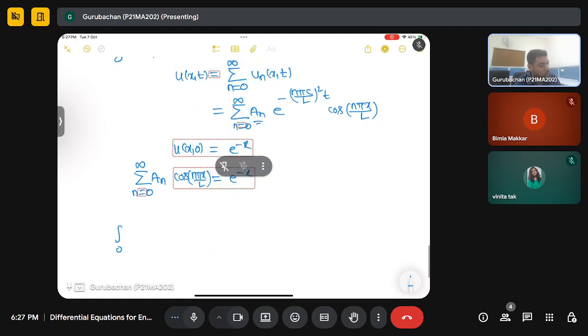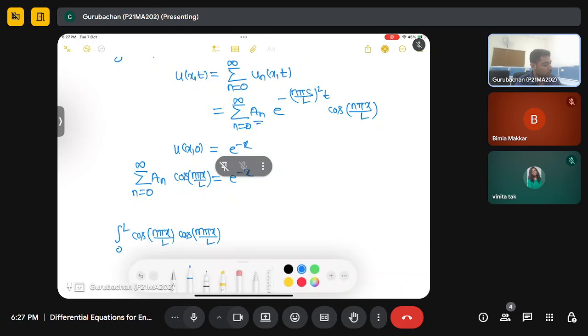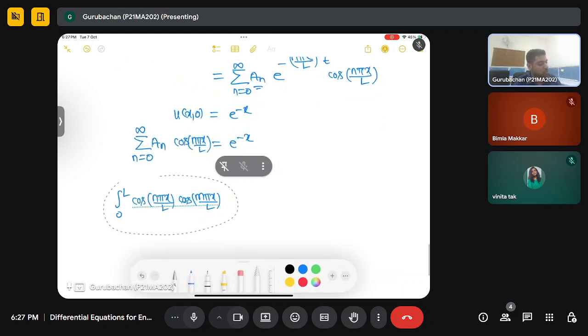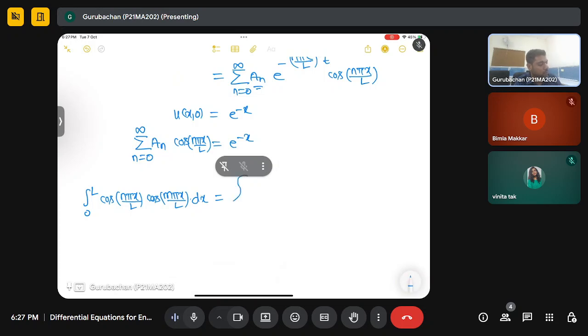What is the orthogonal property? The integral from 0 to l of cos n pi x by l times cos m pi x by l dx is equal to, there will be three cases: l if m equals n equals 0.